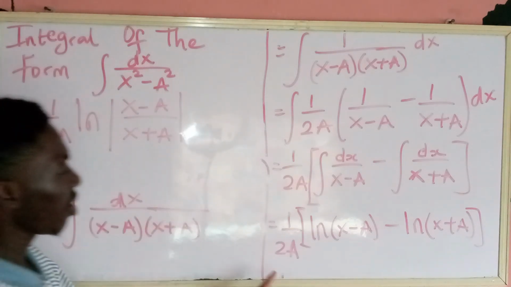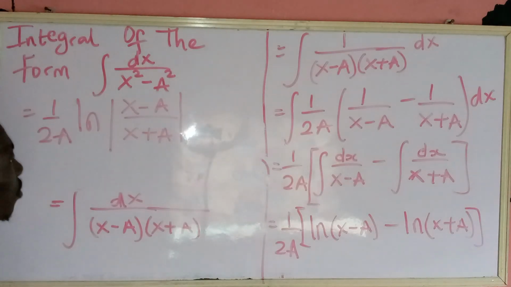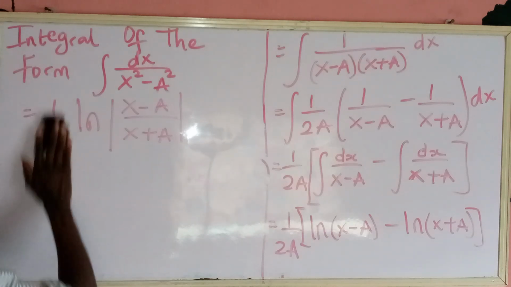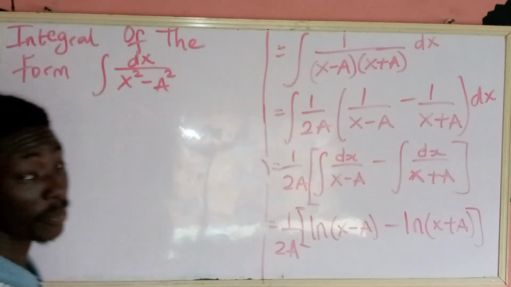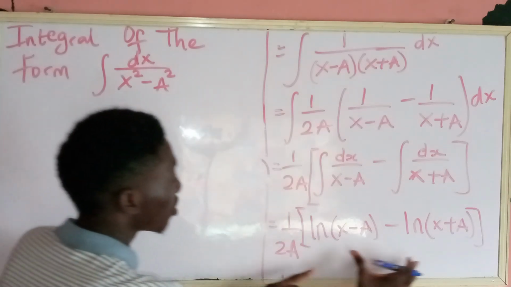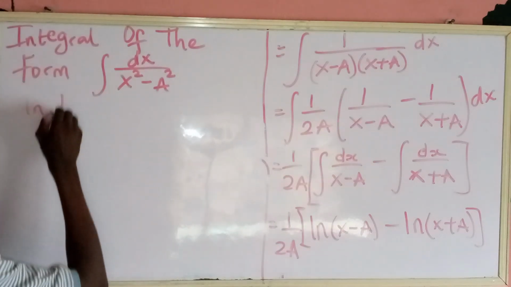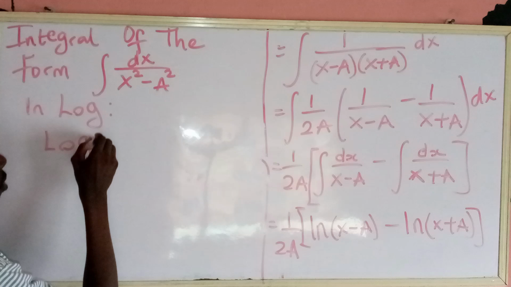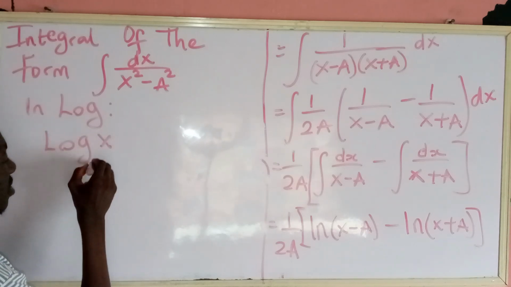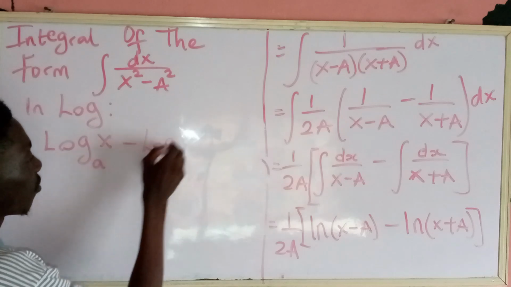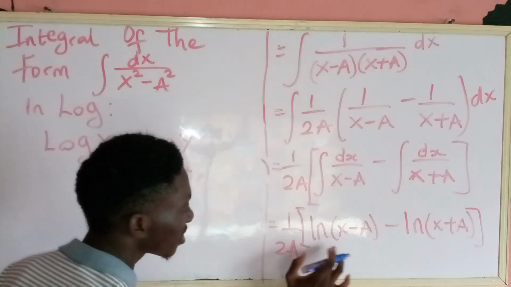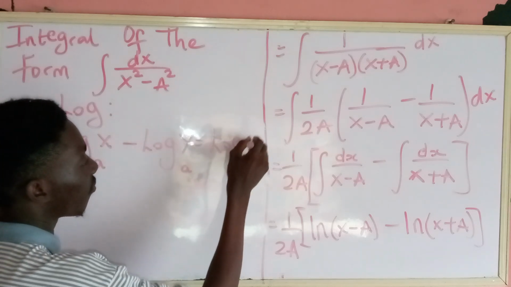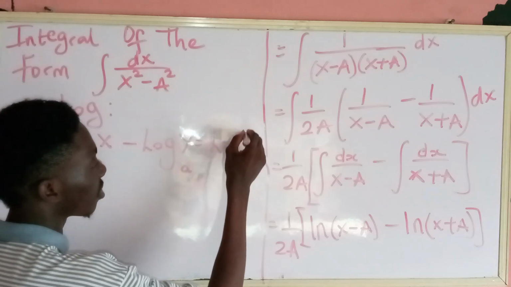Now, how did I go from here to here? Note, I'll be clearing this to tell you what I'm supposed to tell you before I go to that. We know in logarithm, log of x base a minus log of y base a, of the same base, is equal to log of x over y base a.